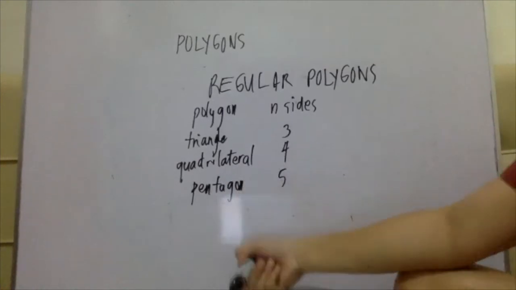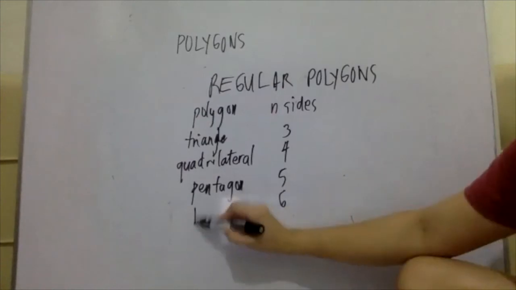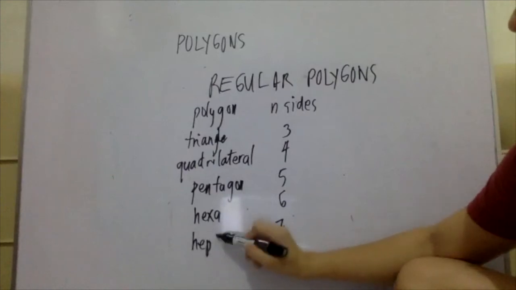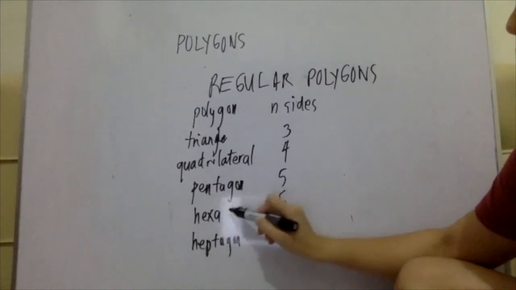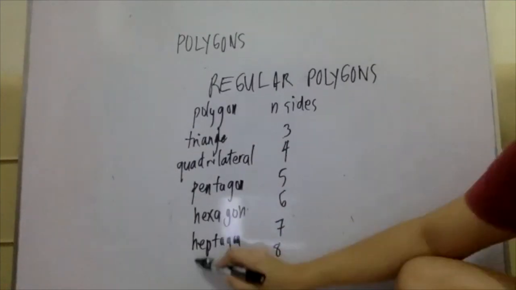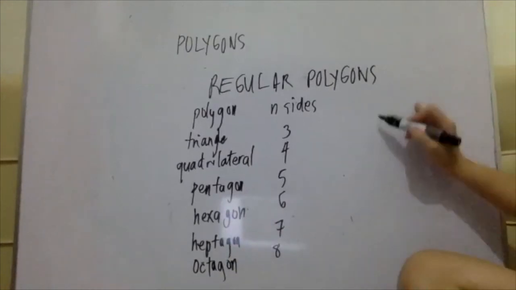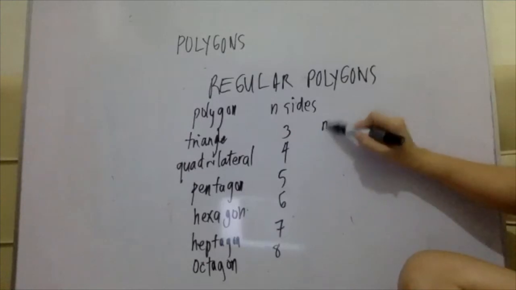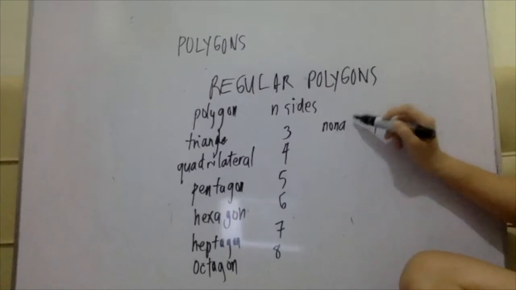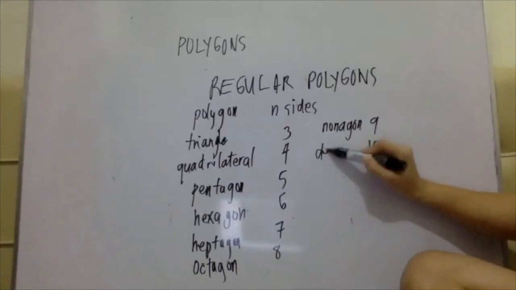Okay? Pag 6, hexagon. 7, heptagon. Pag 8, octagon. Pag 9 sides, nonagon. Kapag 10 sides, we have decagon.